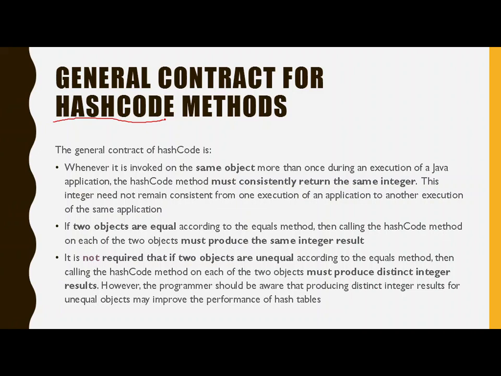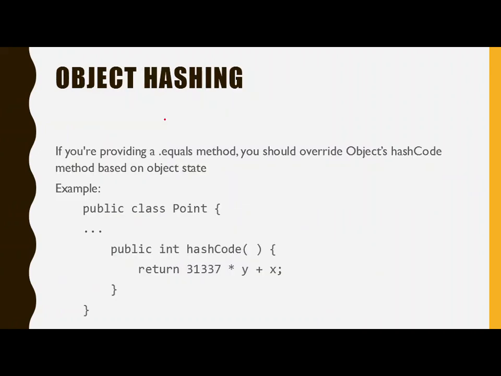So let's look at a different way that you could do this. Java has its own interesting way, but let's look at some ways that we could think about this. For instance, with our point class, let's say we're working on a point where you have an x and a y value. How can you hash that?